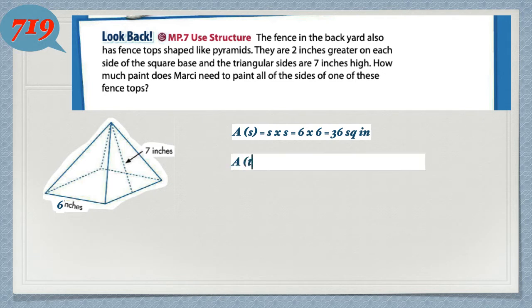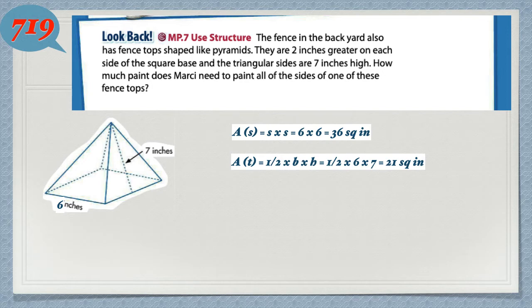So again, the area of a triangle is equal to 1/2 times the base times the height. So that is equal to 1/2 times base 6 and height of 7. So 1/2 of 42, that is equal to 21 square inches.